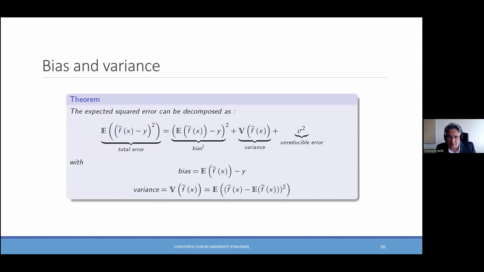Let me explain. For that, let me decompose the expected squared error as follows. So here you have the total squared error, that is the expectation of the squared of f hat minus y. It is possible to rewrite this quantity as follows.